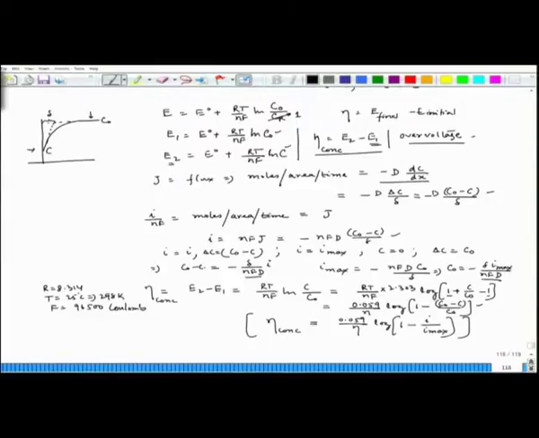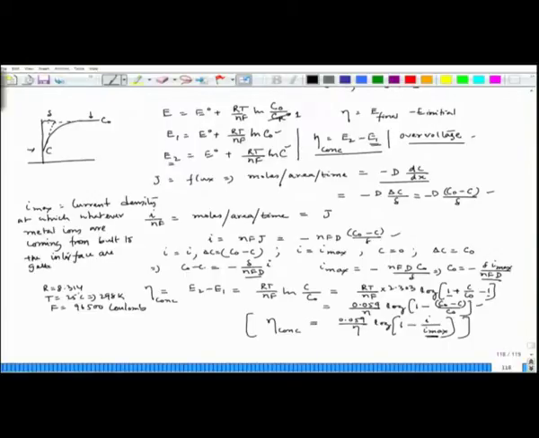And as we have seen, what is I max? I max is basically the current density. We have explained also at which whatever metal ions are coming from the bulk to the interface are getting reduced.